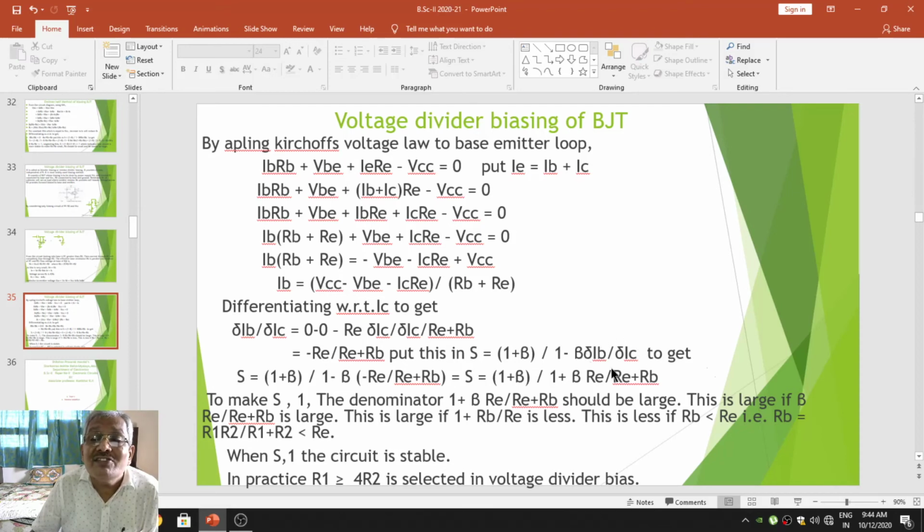Means we are replacing delta IB upon delta IC by what? By minus RE upon RE plus RB.